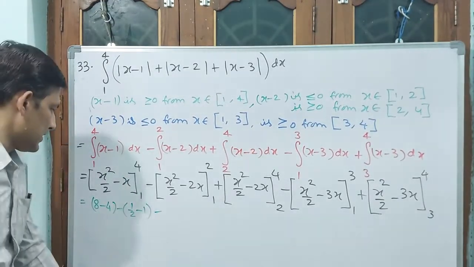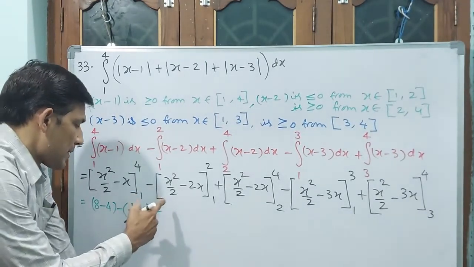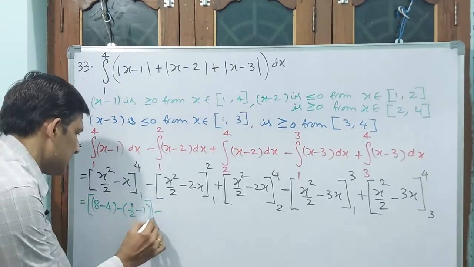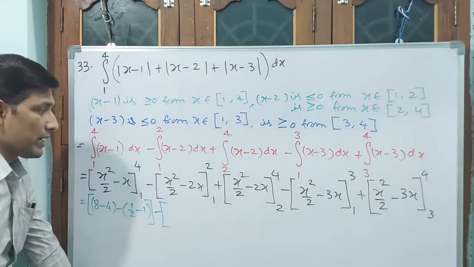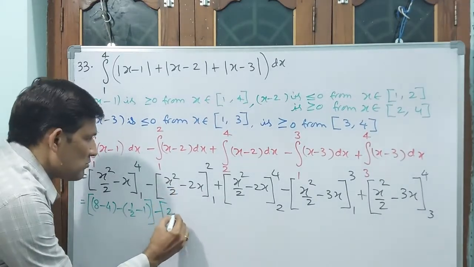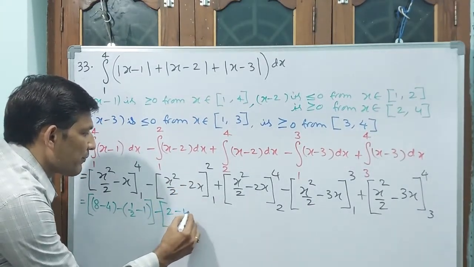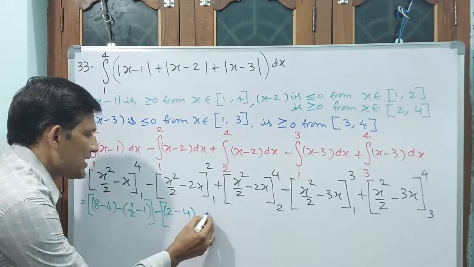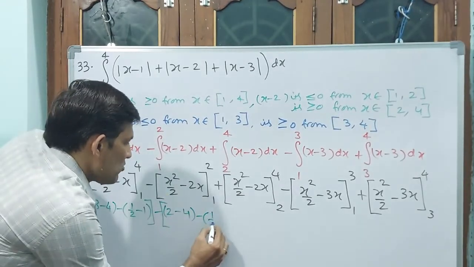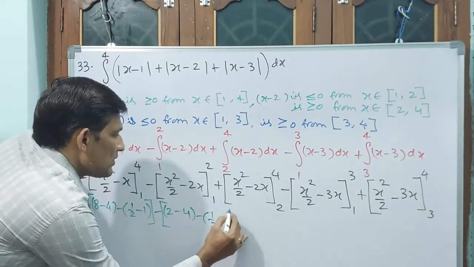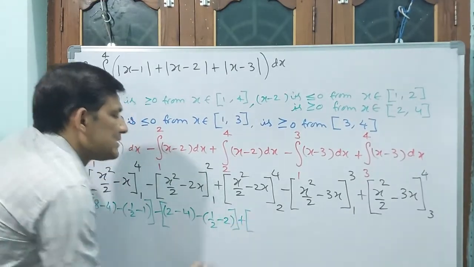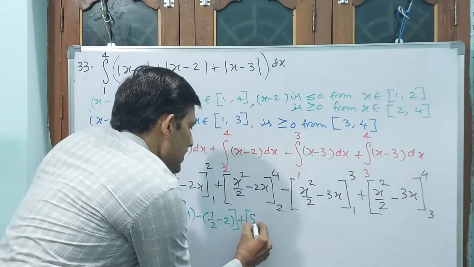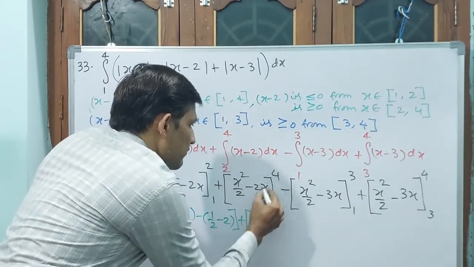Now you see, I think we will keep like this. 2 square 4 by 2 is 2, minus 2 into 2 is 4. This is upper limit minus lower limit. 1 square 1 by 2 minus 1 into 2 is 2, lower limit. Plus 16 by 2 is 8, minus 4 into 2 is 8.